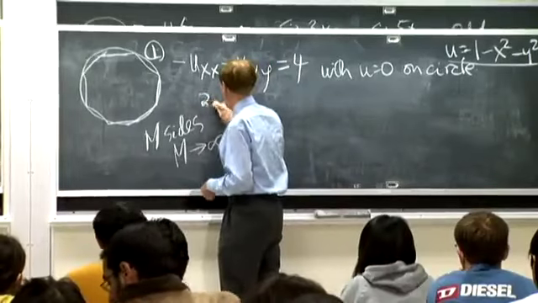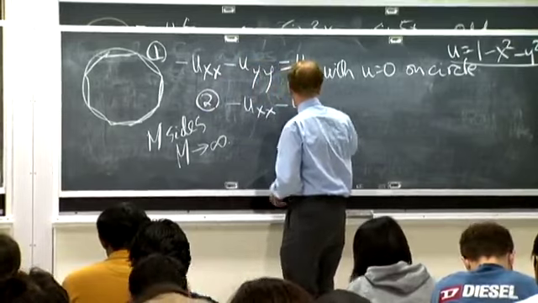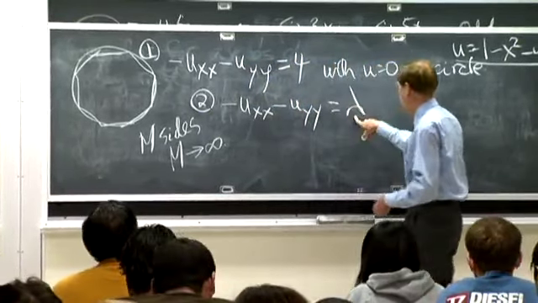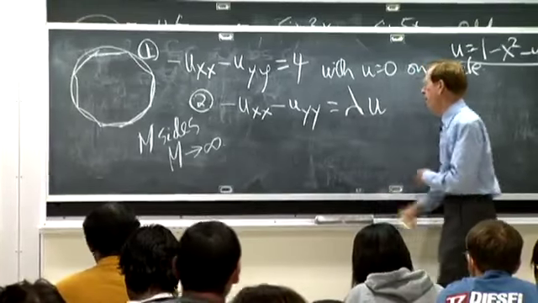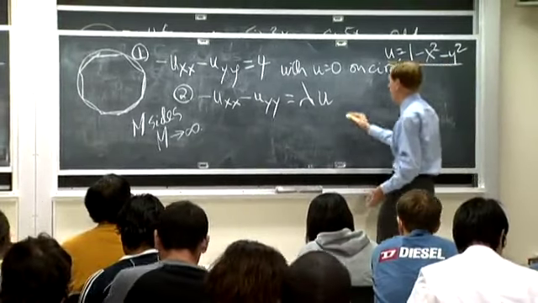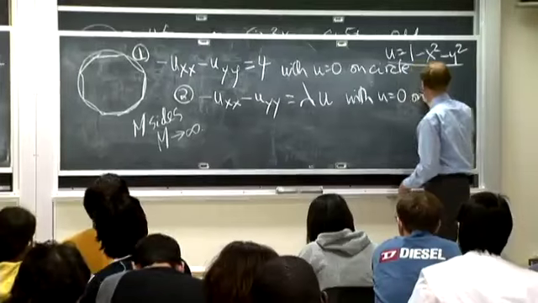Problem number 2 would be the eigenvalue problem, minus u_xx minus u_yy equals lambda u. I take those minuses so that the eigenvalue will be positive. And again, u equals 0 on the boundary, on the circle.